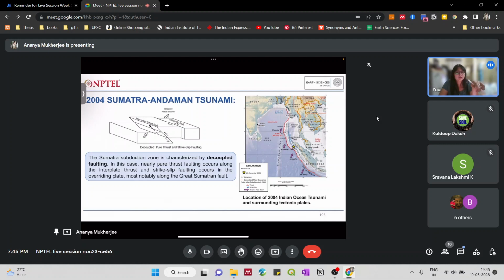So you had interplate thrust faulting as well as strike faulting. Because of that, the entire region next to Sumatra and also the eastern Indian coast and Sri Lanka faced the effects of the tsunami.